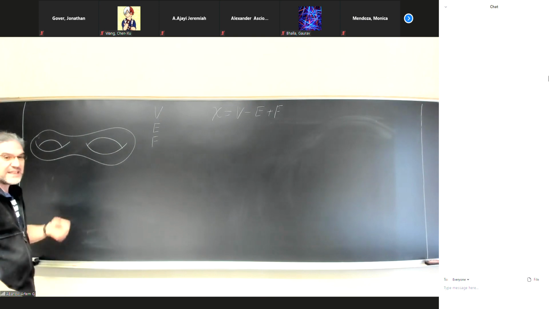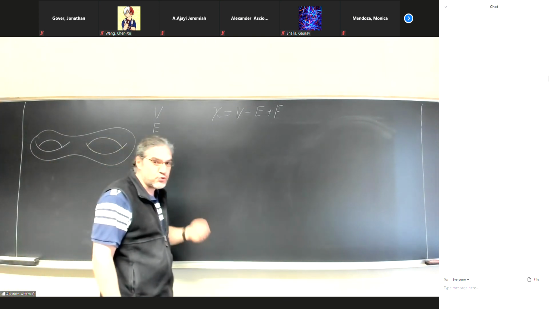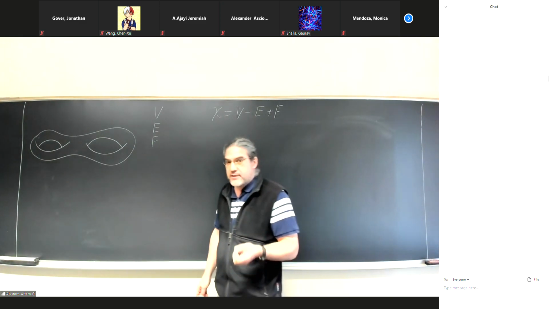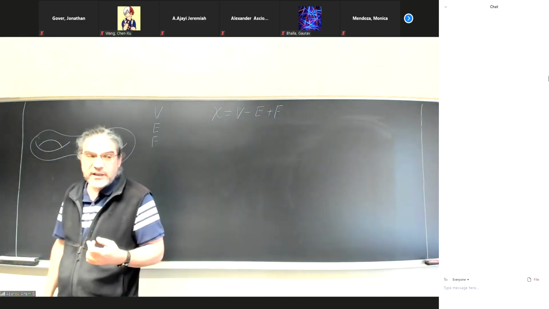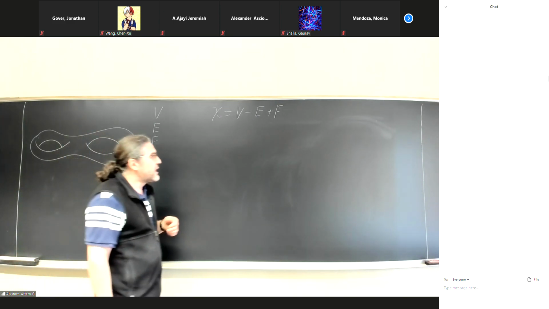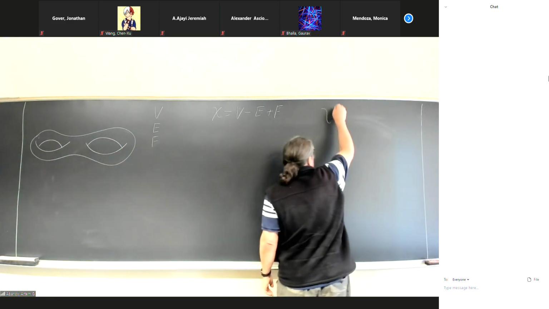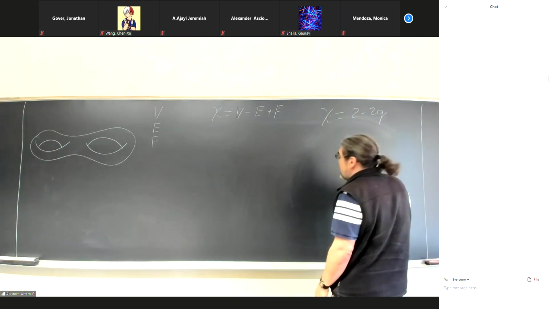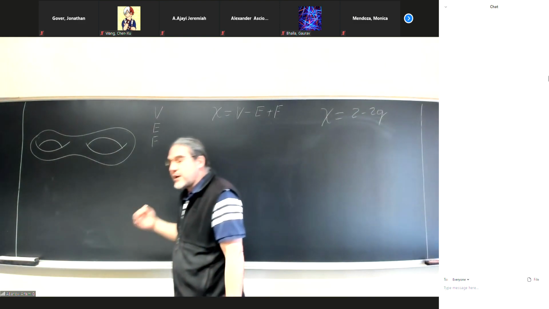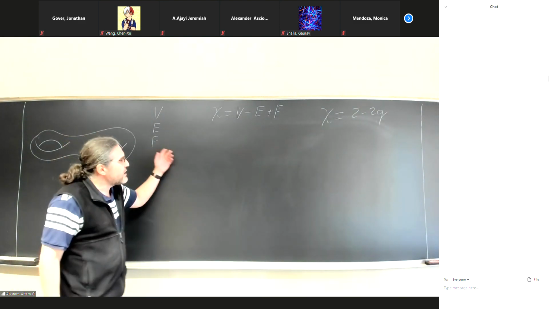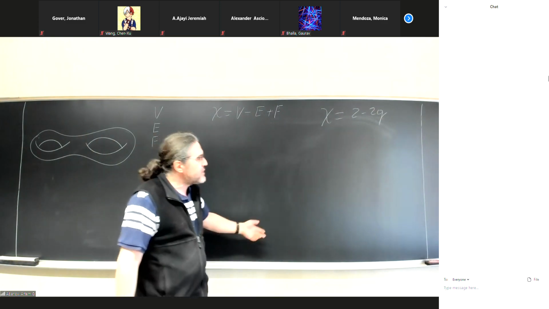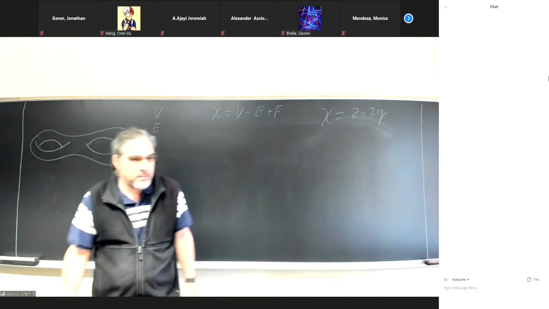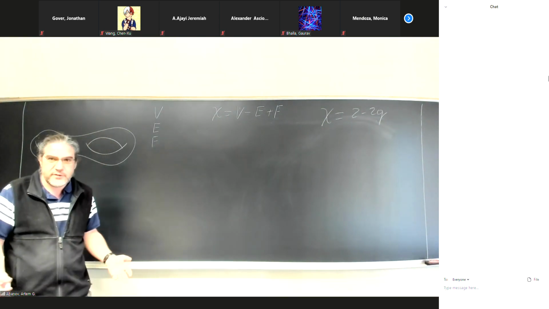No matter what you draw, the answer will be the same. That's the first theorem which I have proven. The second theorem which I have proven is that it equals 2 minus 2g. So if you draw a polyhedron and count those numbers and compute chi, and you get something which is not minus 2 for this particular figure, then you counted them wrong. Simple and clear.